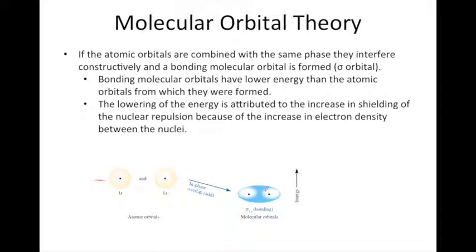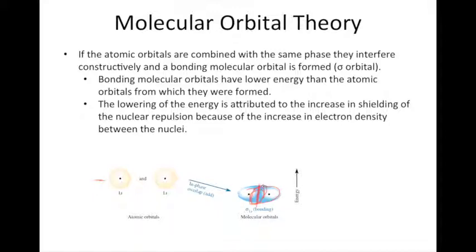Furthermore, when the orbitals meet in phase, we end up with a region right in between the two nuclei where there's an increased probability of finding the electrons. So the electrons are more likely to be found in between the two bonding nuclei. Since the electrons are between the two nuclei instead of on either side, the electrons shield the two nuclei from each other.